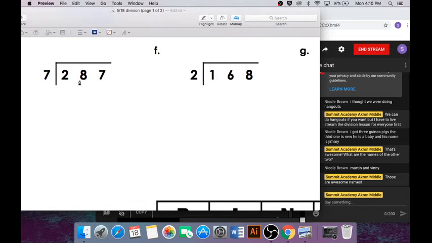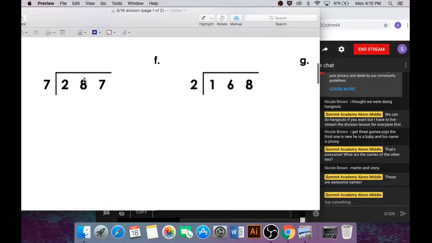We have 287 divided by 7. So 7 doesn't go into 2. So we're going to move over and see how many times 7 goes into 28. 7 can go into 28 4 times without going over. 4 times 7 is 28.